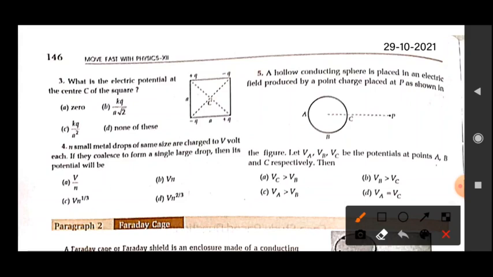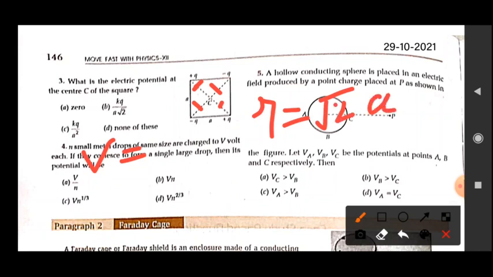As you know, electric potential is a scalar quantity, so it can be calculated by the superposition principle, meaning potential due to 4 point charges at the center. If the side is a, then the distance from all the charges to the center will be the same. Suppose that is r, so it will be equal to root 2 a by 2, because it is half the diagonal of the square.